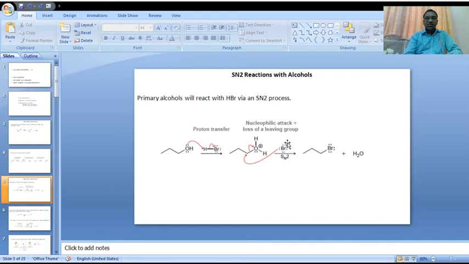Immediately the Br minus nucleophile attacks this terminal carbon, with loss of the water molecule. Nucleophile attack and loss of the leaving group occur in the same step, which is why it is called the SN2 mechanism.